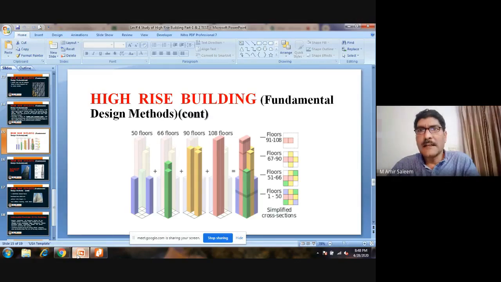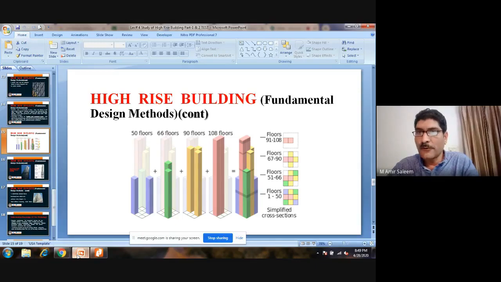On the right side, all the buildings have tubes. Here are five tubes at the lower portion; at the bottom, we have five tubes, interconnected with each other. So it will resist lateral movement very positively, and the effect of lateral movement on the building is minimal.